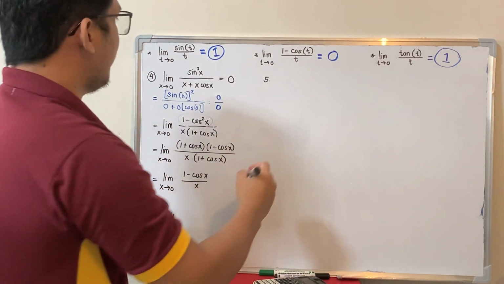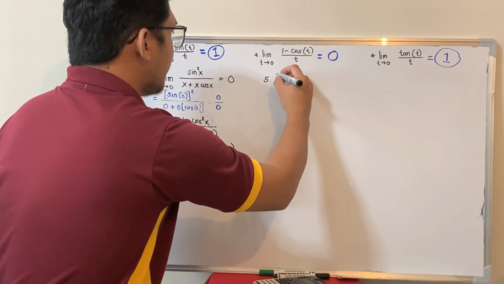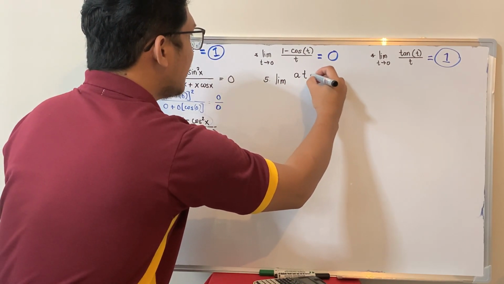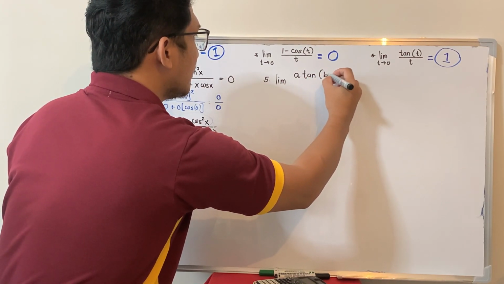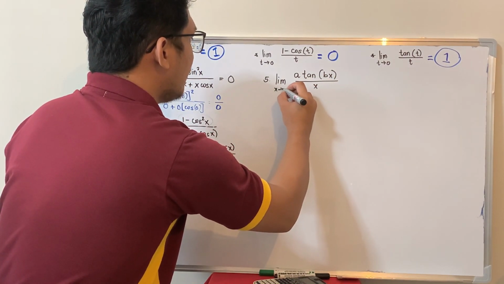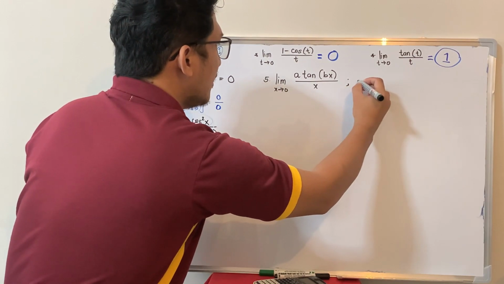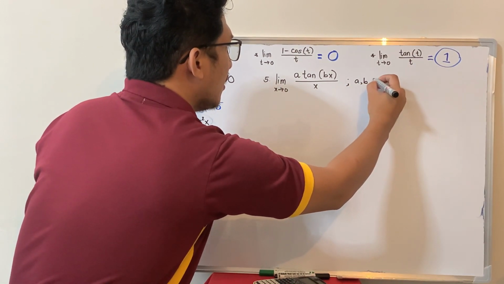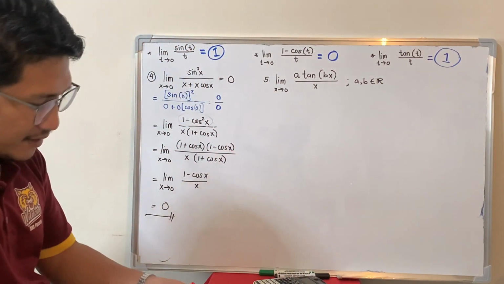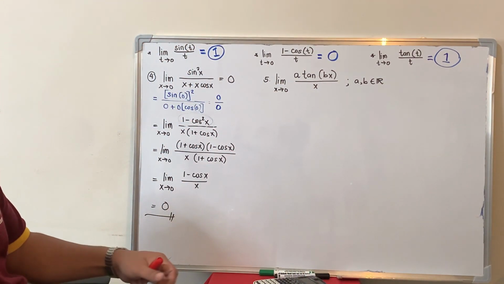Number 5, let's have the limit of tangent bx all over x as x approaches 0, where a and b are elements of real numbers. So a and b are constants. What does this mean?